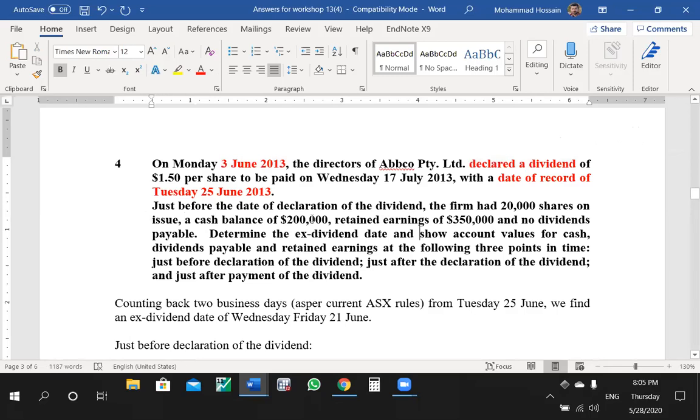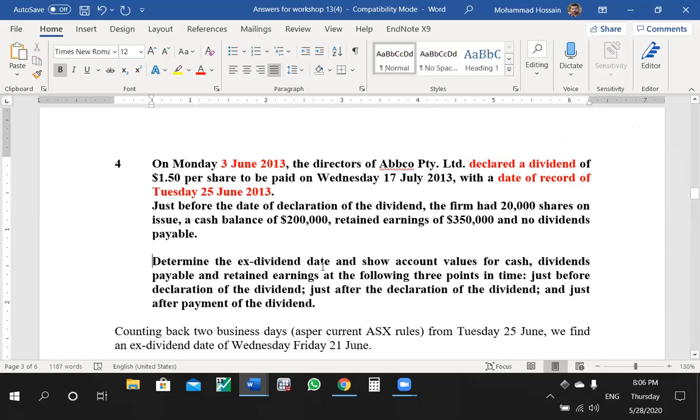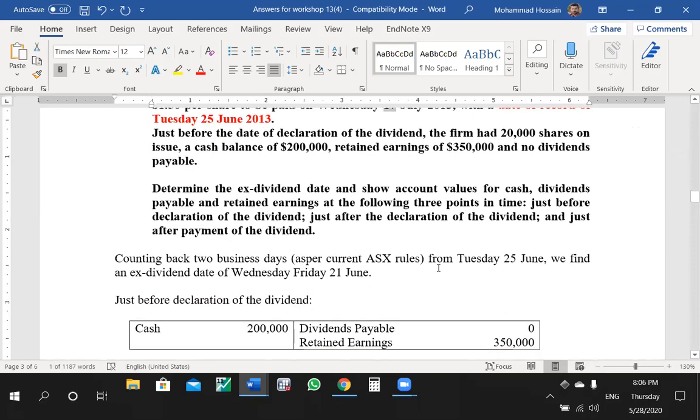Just before the date of declaration of the dividend, the firm had 20,000 shares on issue, cash balance of 200,000, retained earnings of 350,000, and no dividends payable. Determine the ex-dividend date. Ex-dividend date is 2 days before the date of record, so it should be 15th.